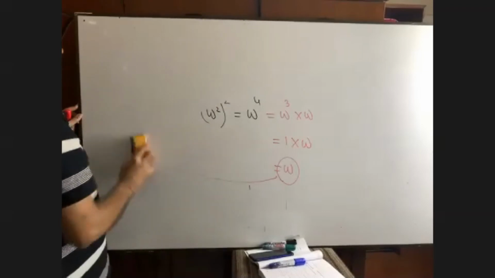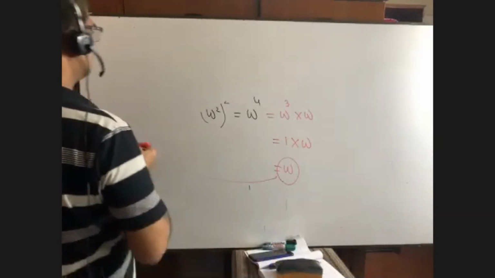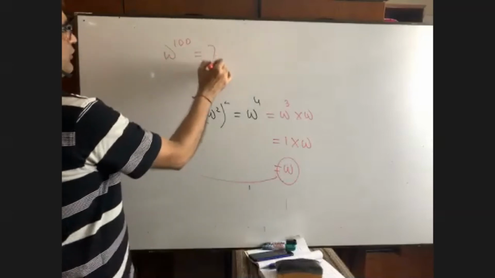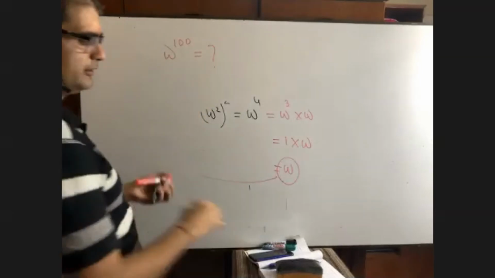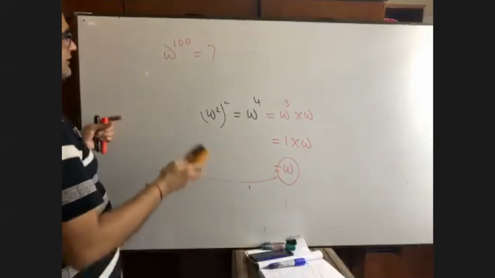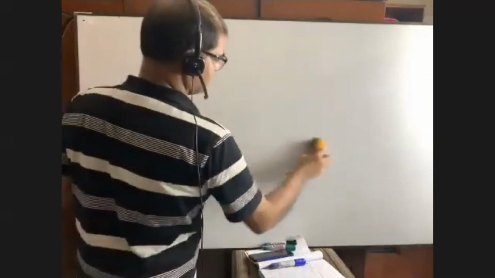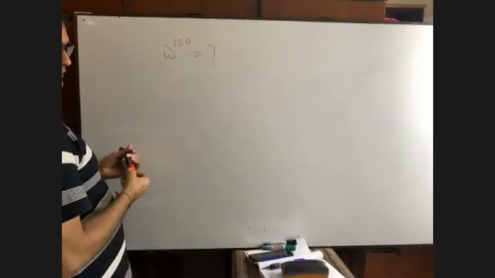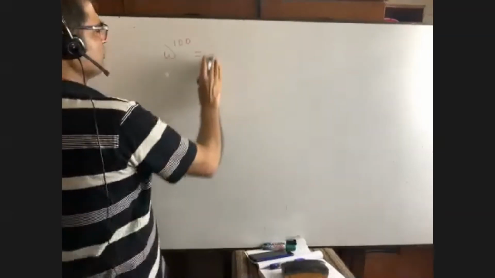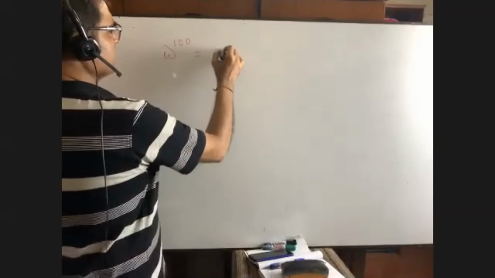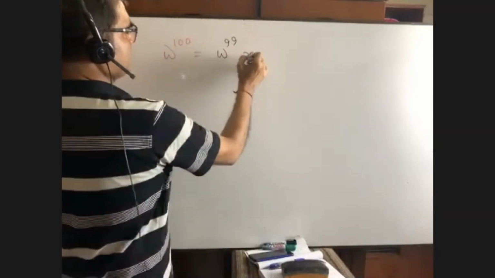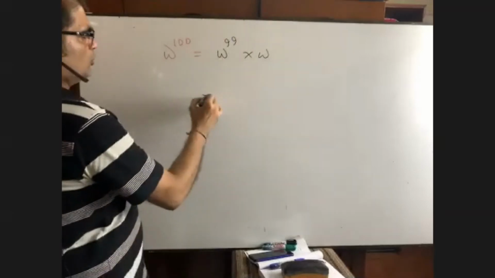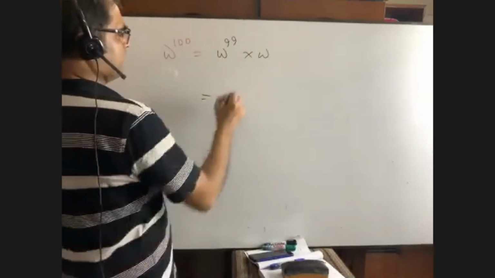Okay. Now, suppose you are given omega to the power 100 equals what? Oh my God. Very good. Omega cube equals 1. So we can write omega to the power 99 into omega. Am I right?